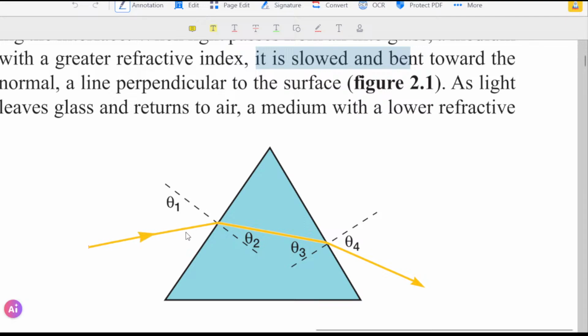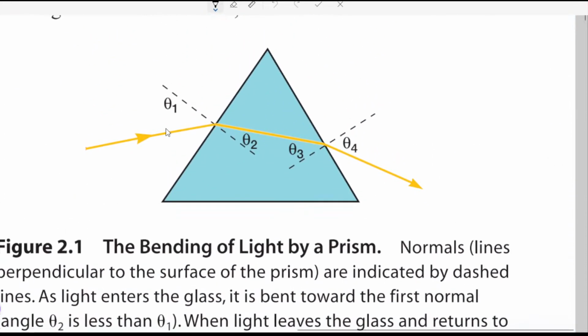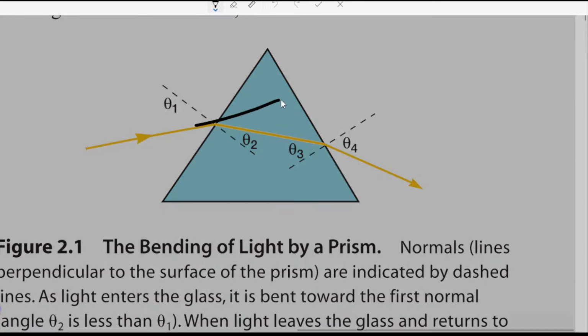So this is how the normal should go, right? It is going to go towards the straight line. Here, if the light had been in the same medium, it would have moved this way, right? But if you look at the angle that it made when it was bending, the way it is bent is towards the side where the dots are, and this is known as the normal line, right?